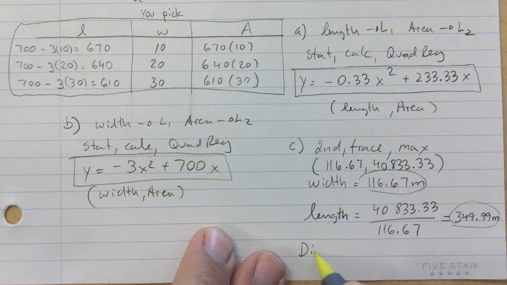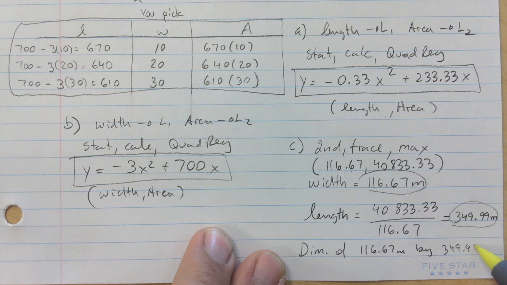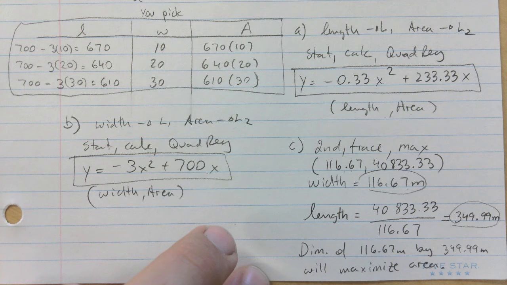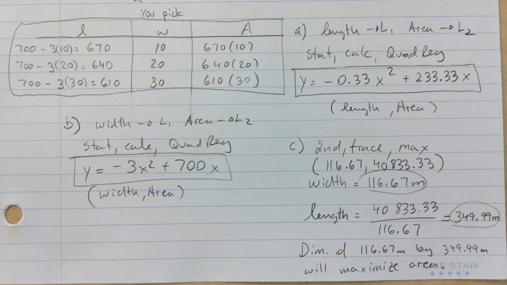Dimensions of 116.67 meters by 349.99 meters will maximize area. You're finding the best possible scenario for how to use your fencing to create the biggest enclosure.